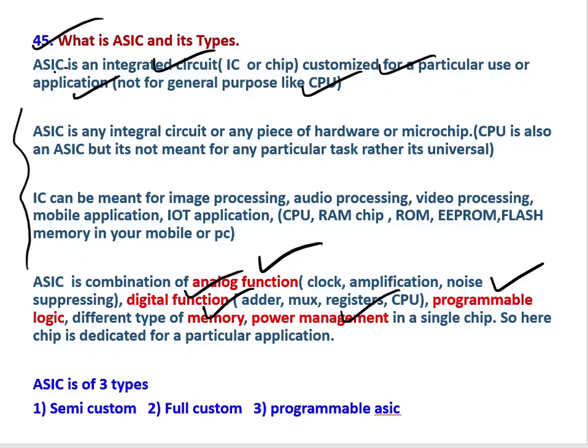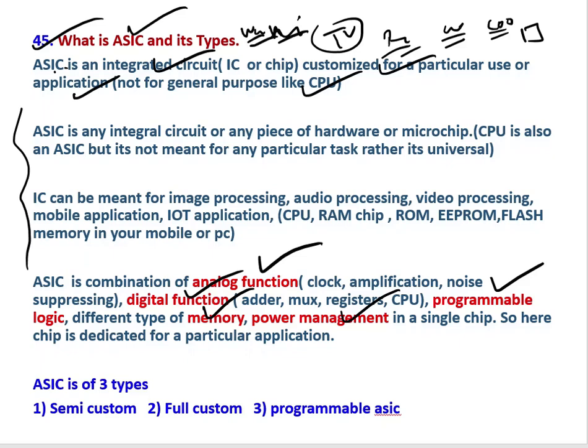So ASIC is used when you want to implement a specific task. For example, you want to design a chip for your cooler, or a washing machine, or a fan, or a TV, then that chip is called an ASIC for a specific task, to control air, or water flow, or some power, or for power management you want to design an IC, or some kind of MOS circuit, or some kind of DSP circuit for a DSP application.